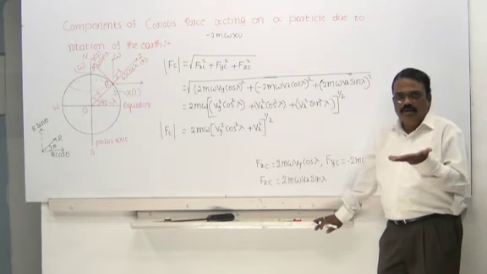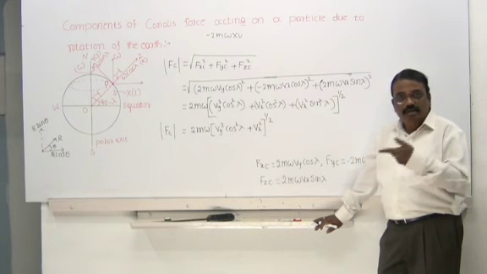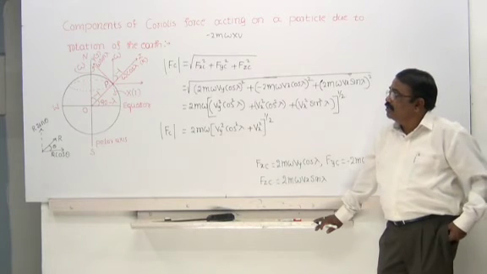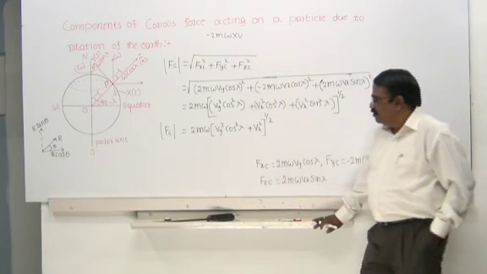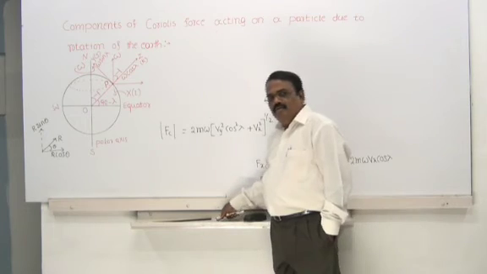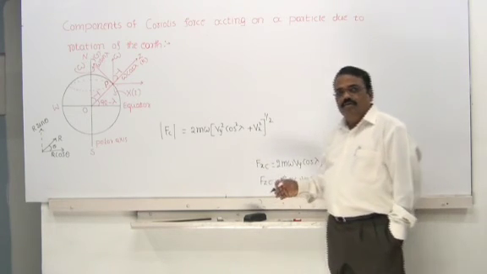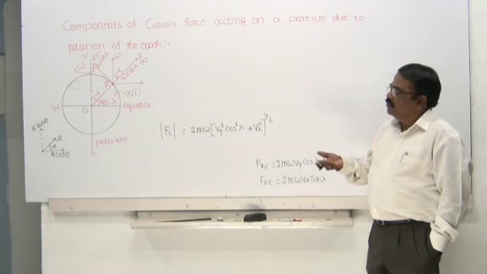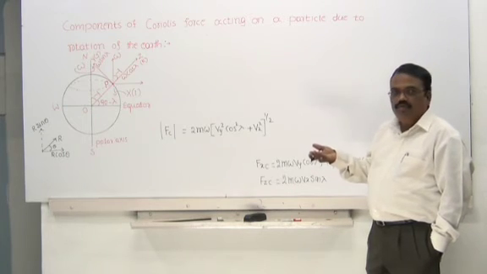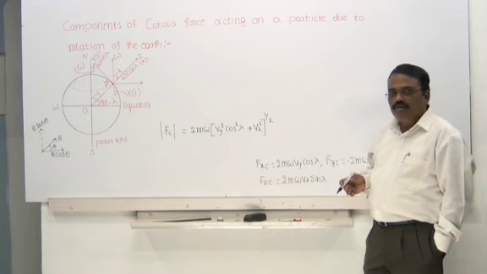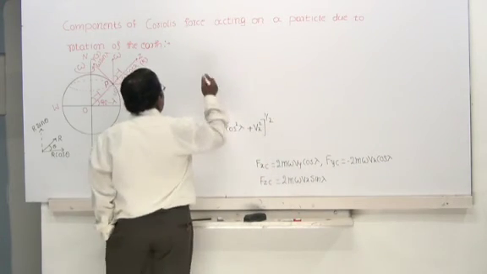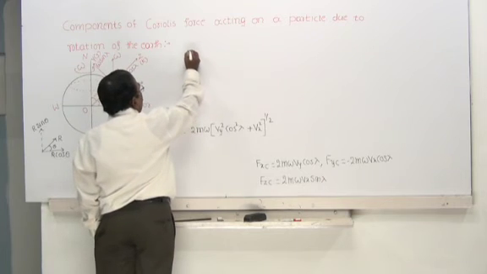Horizontal components are the two forces lying in the xy plane. Vertical is lying along the z axis. Now what are horizontal components? The forces which are lying in the xy plane are called horizontal components.